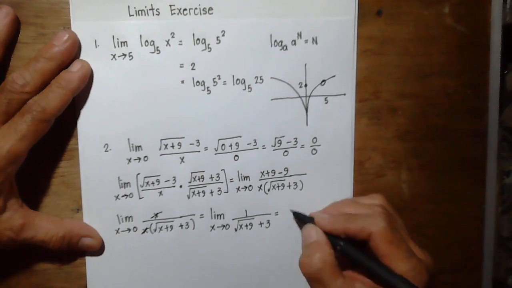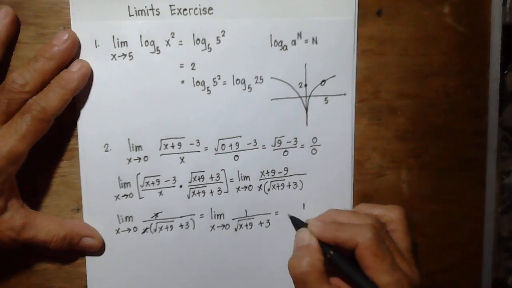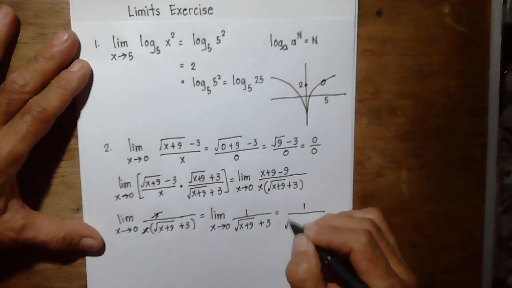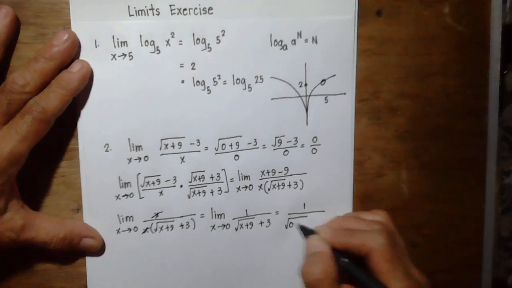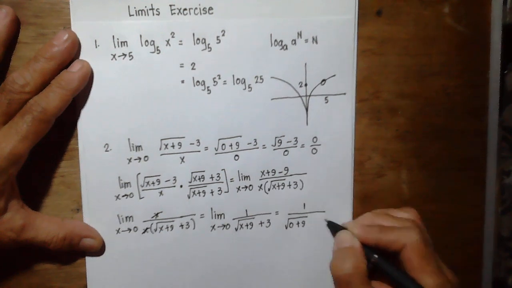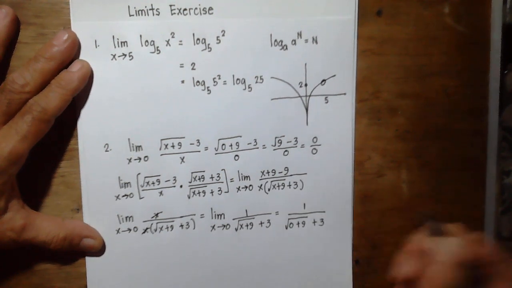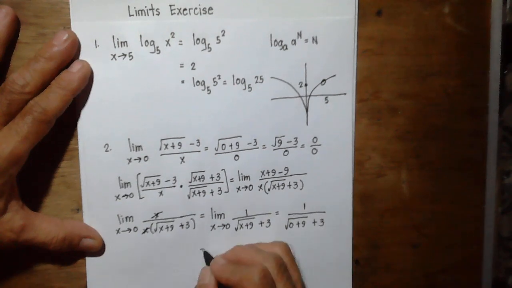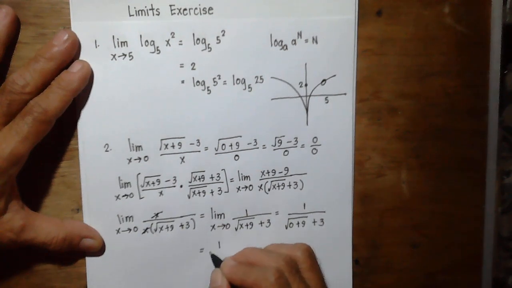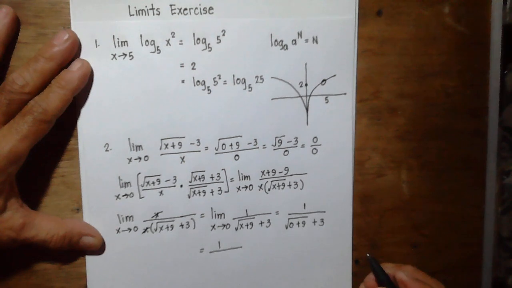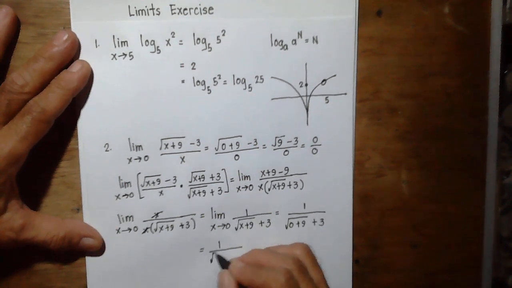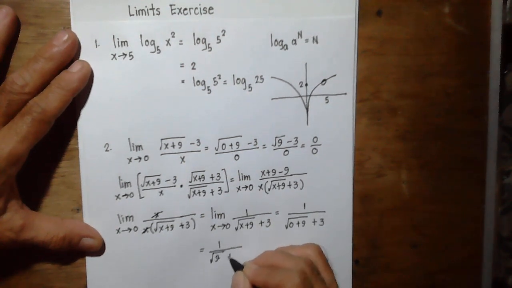Let us try. 1 over square root of 0 plus 9 plus 3, and this gives us 1 over square root of 9 plus 3.